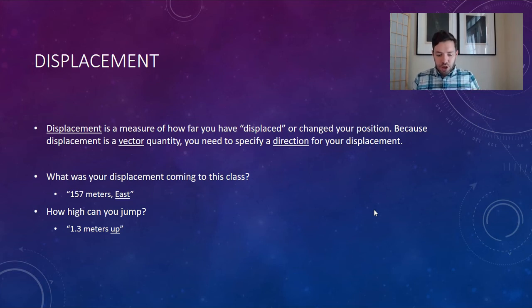But if you go all the way around a track and come back exactly to where you started, your displacement is actually 0 because you're right where you started. So this direction is really important. Just keep that in mind.